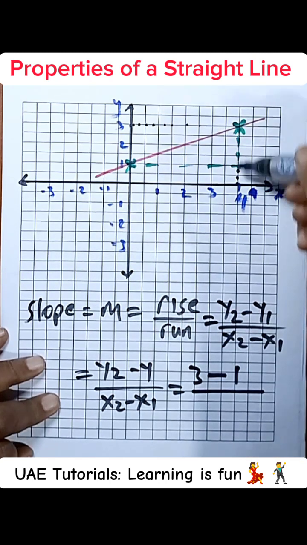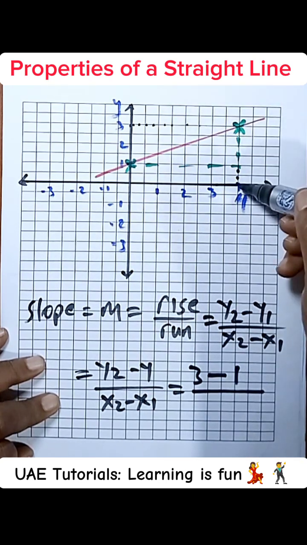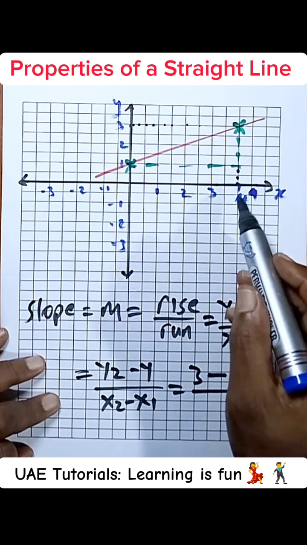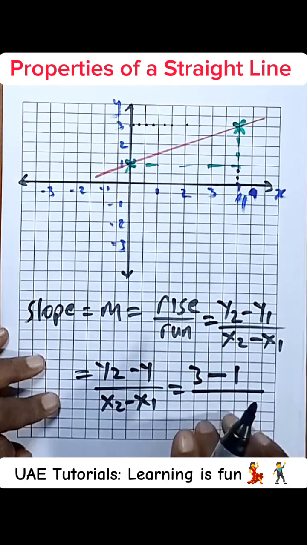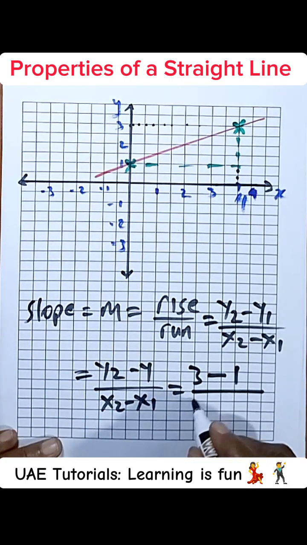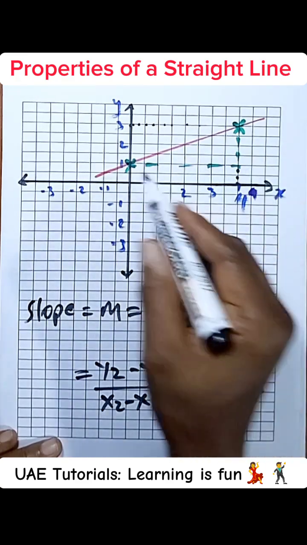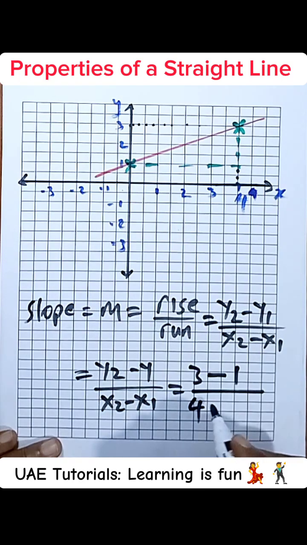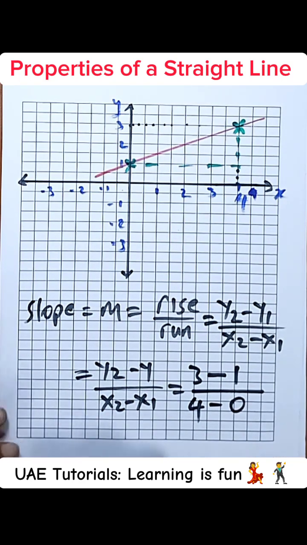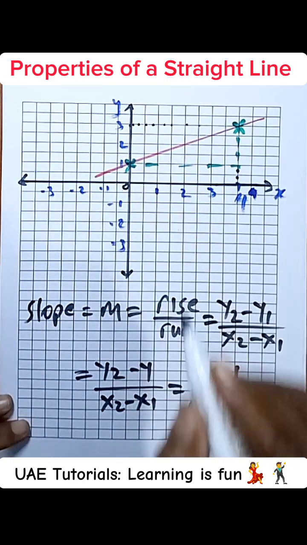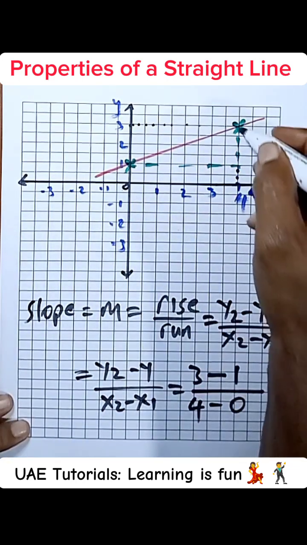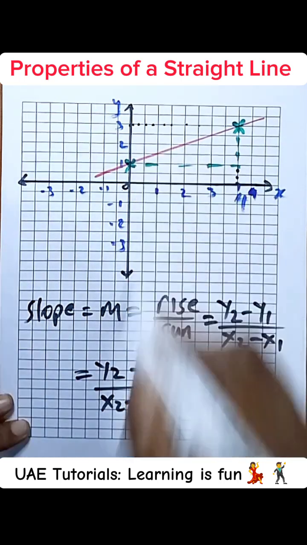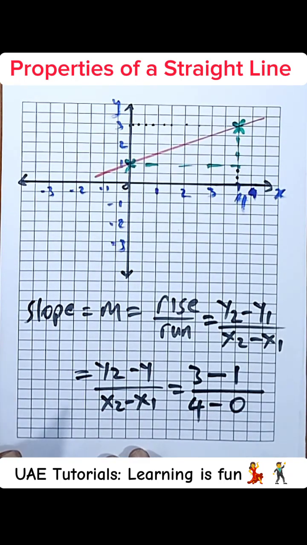So this point that we have chosen cuts the x-axis at our x2, which is 4. Did you get that? Our x2 is 4 and our x1, remember, is 0, because this is our 0 point. So these are the 2 points where it cuts the x-axis and the y-axis.